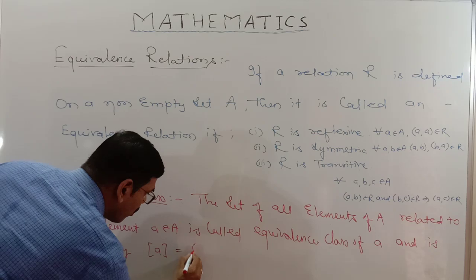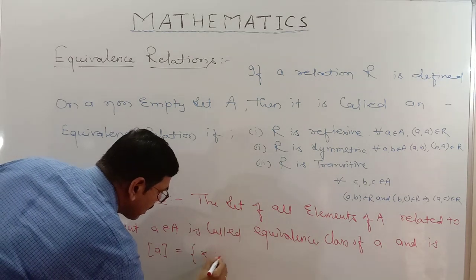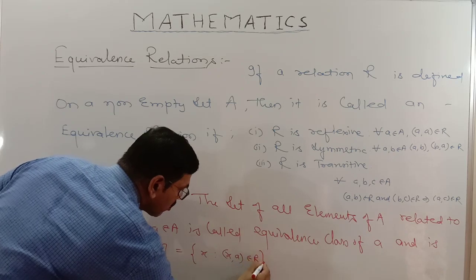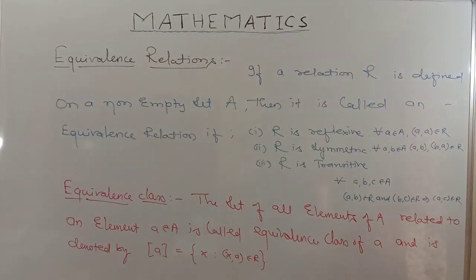This is equal to {x such that (x, a) belongs to R}. Okay, this is called the equivalence class. So please note down all this. This is all in the relation.